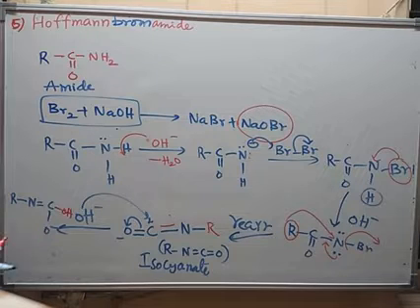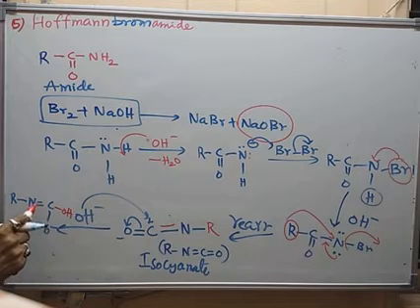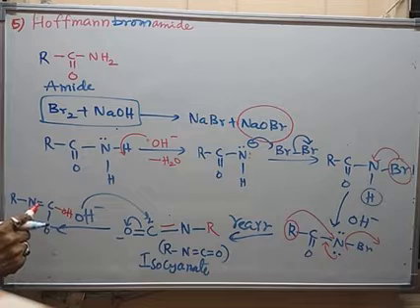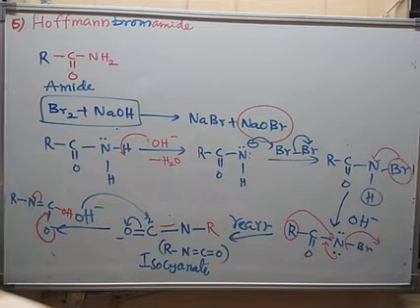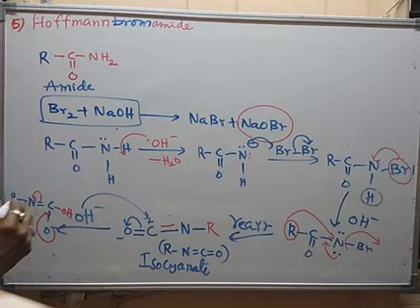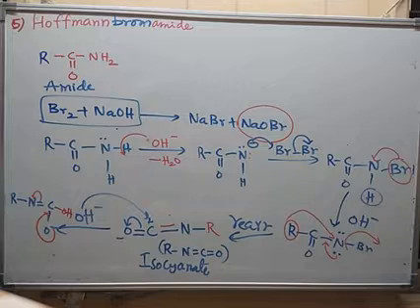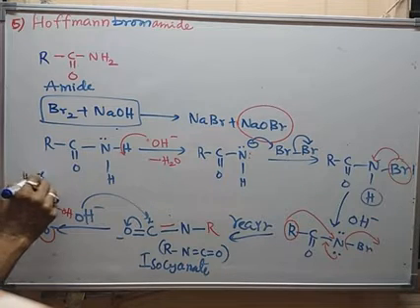Here what will happen? The electrons are shifted, and these electrons are shifted, and nitrogen now acquires a negative charge. This negatively charged nitrogen takes a proton from a water molecule.